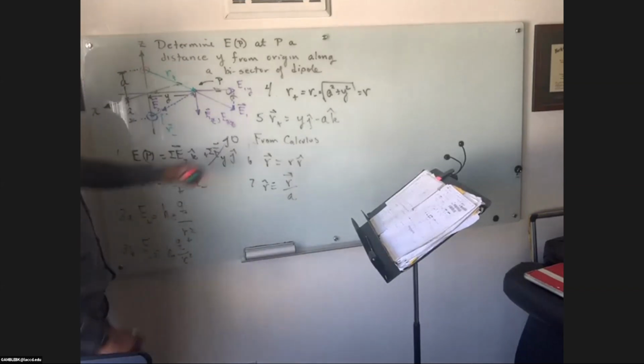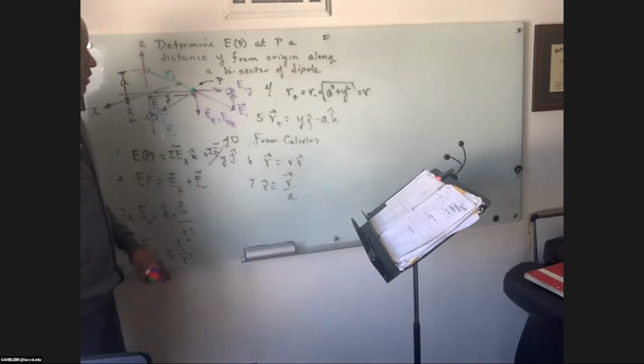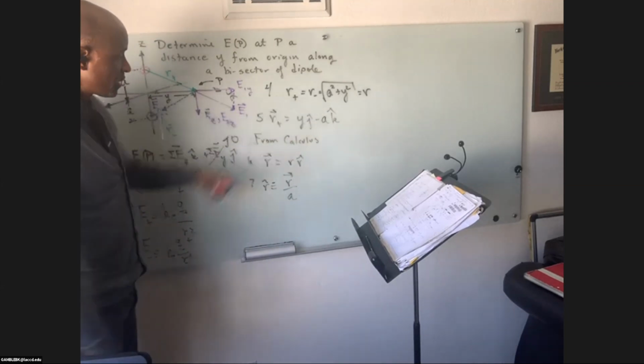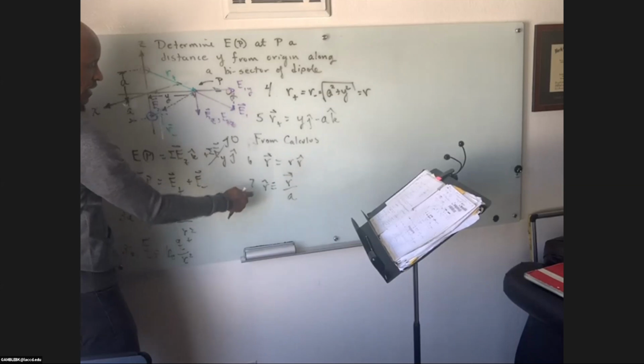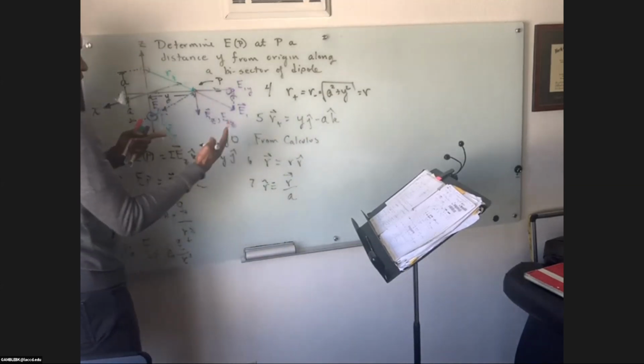So if my magnitude is the square root of a squared plus y squared, and the vector I represent is this thing, then I could plug 4 and 5 into 7 and write the unit vector in terms of the vector r and its magnitude.